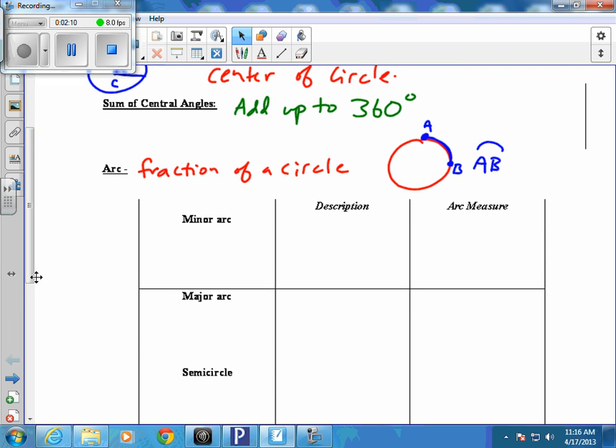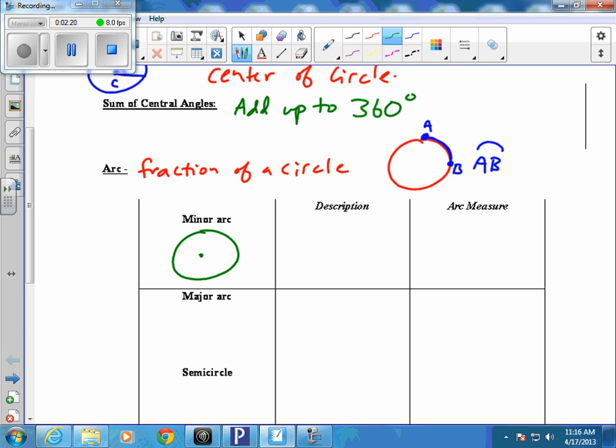Moving on, a minor arc. A minor arc is actually what I drew above. But a minor arc, we'll start with a picture again, is an arc with a measure less than 180 degrees. We always use two letters for a minor arc.